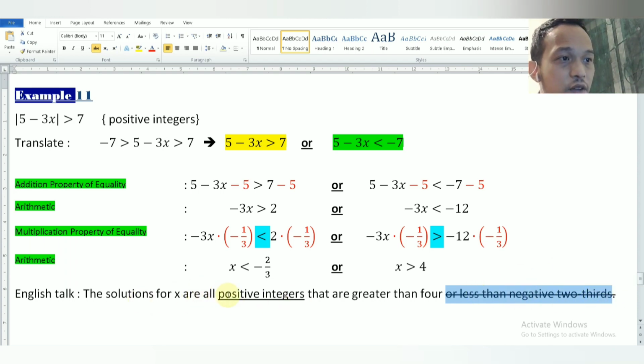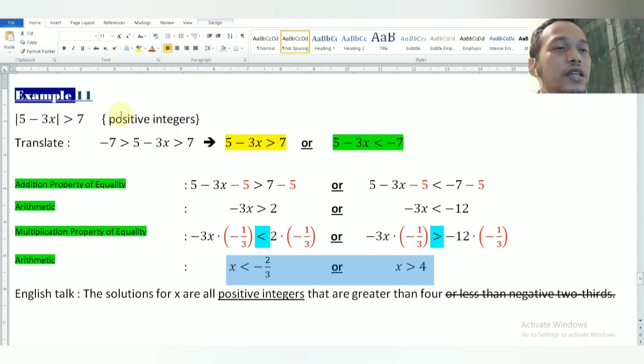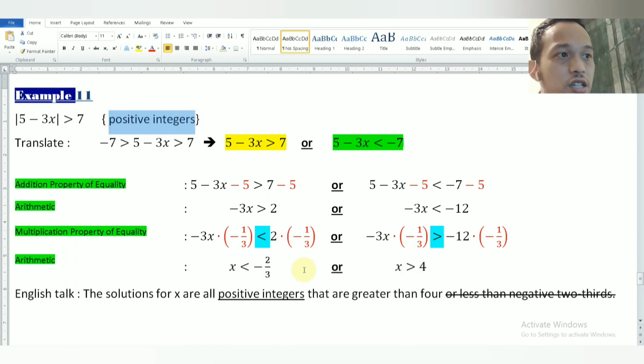How can we have positive integers in this area? So therefore, this won't be included. The domain limits your solution. Although you have a complete solution like this, since we can only include positive integers, this one cannot be included. I hope that you can understand that.